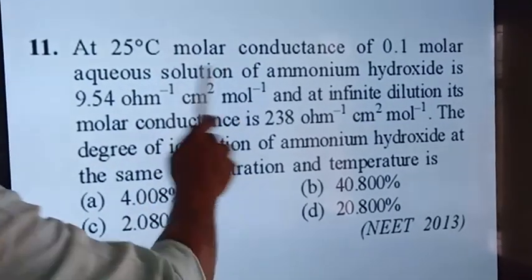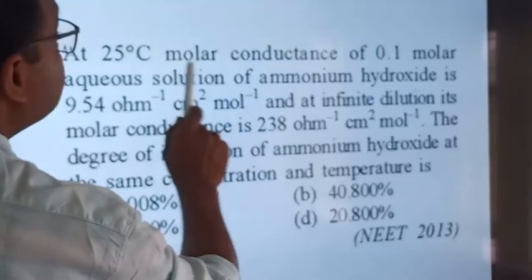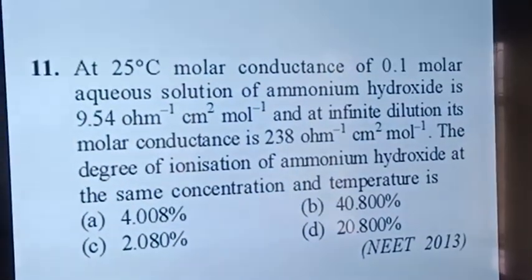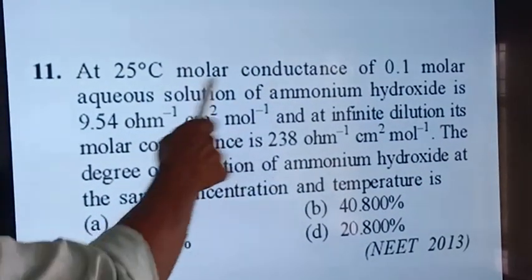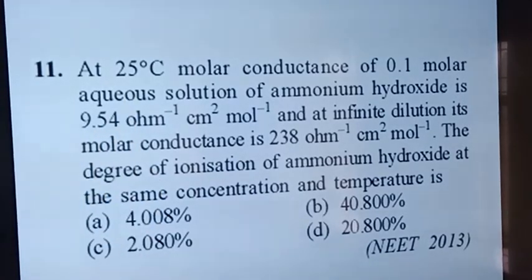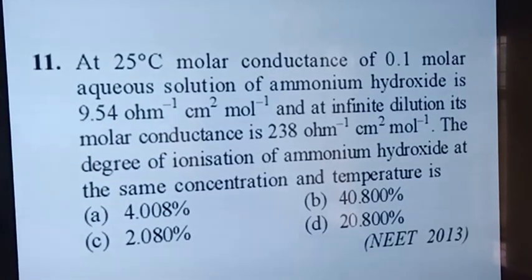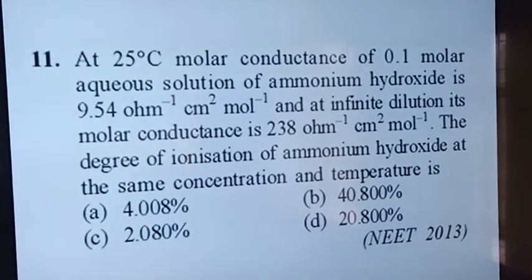So in aqueous solution the molar conductance, lambda m, is given as 9.54 Siemens centimeter square per mole. 1 by ohm is also called Siemens.